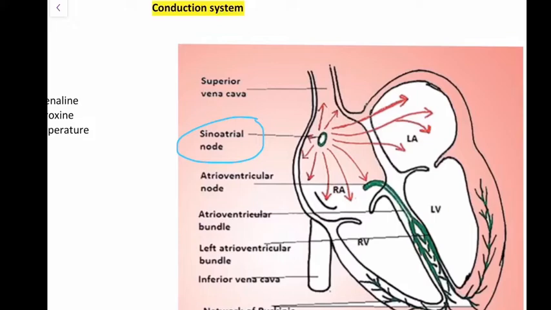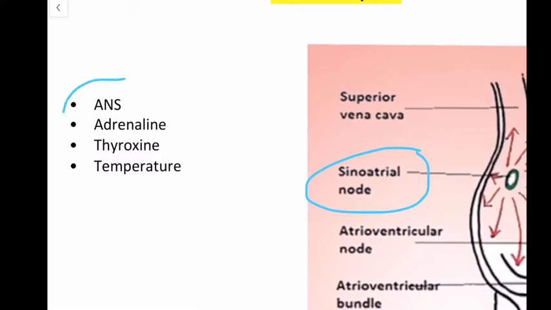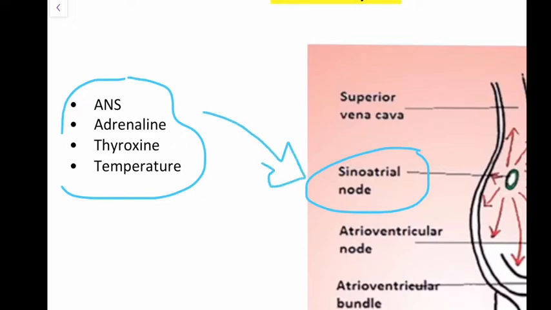But even though I mentioned that, there are factors that can influence this. These are the factors. The impulses from the autonomic nervous system and hormones like adrenaline and thyroxine, and also factors like temperature can influence this and regulate the heartbeat.